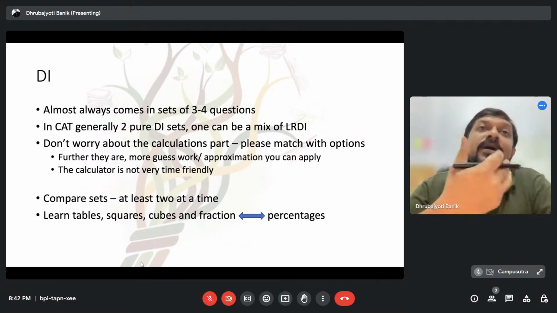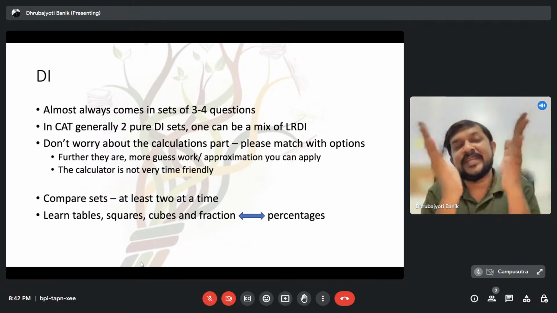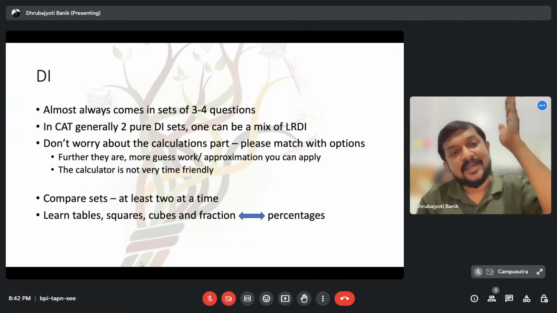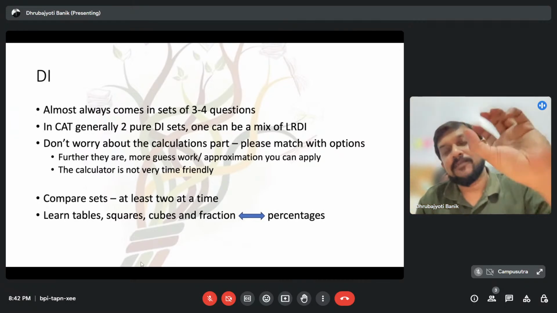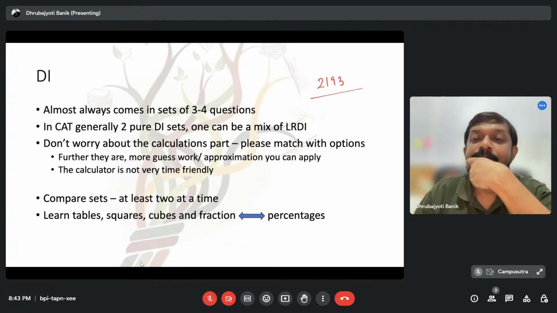The quicker you can reach a range, the better. I'll give a very simple example. Let's say I talk about 2193 divided by 4372, into 100.